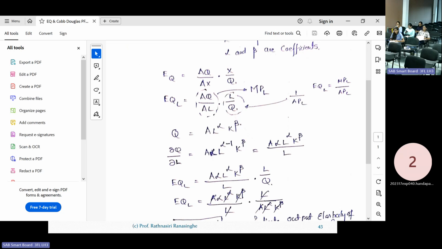You can cancel out the similar things. So finally, output elasticity equals what?